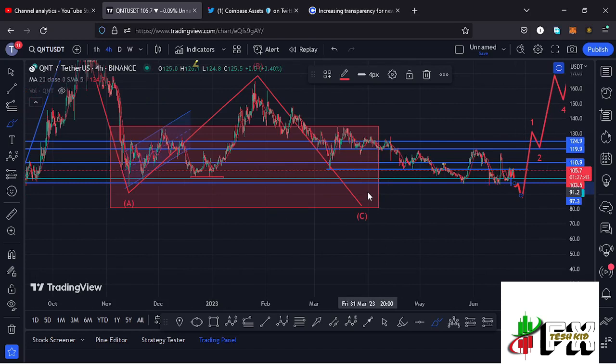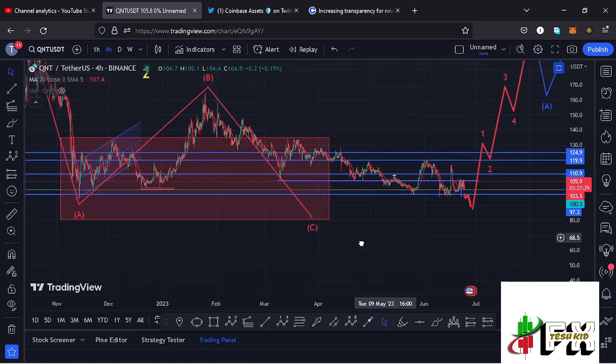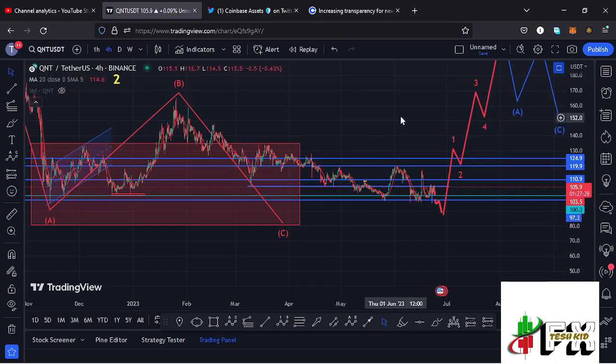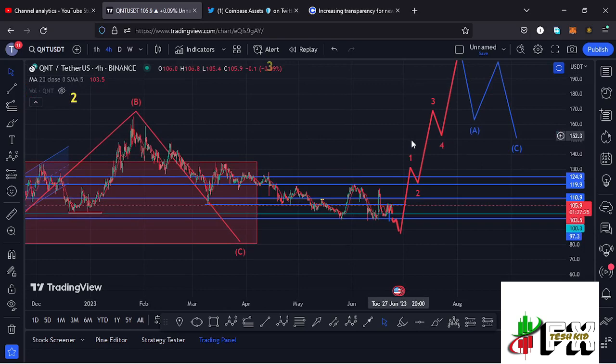That is also another possible scenario that we have to have in mind. And in case we see our 5-wave structure to the upside followed by an ABC corrective structure, that will be enough confirmation that the low for the second wave is in and the start of that impulse has now started.